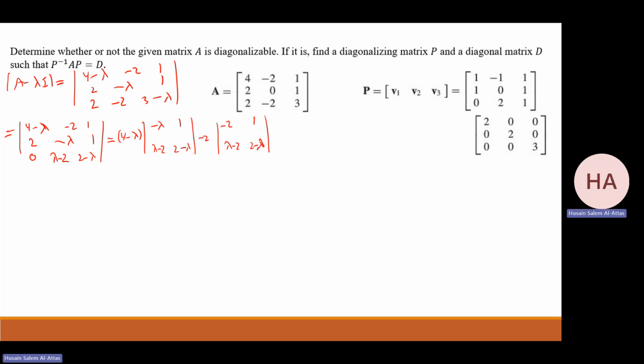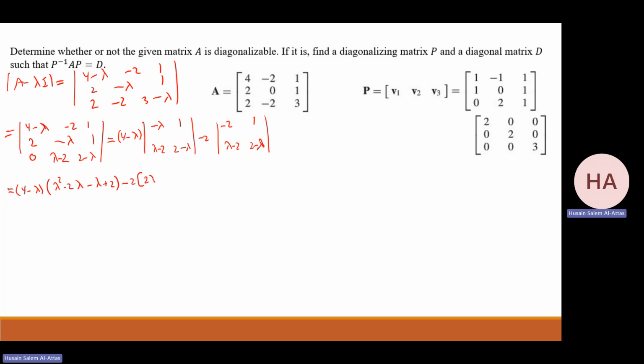I cancel the second row and the first column. So it's a matter of calculation. I have 4 minus lambda times the square, minus 2 lambda plus lambda minus 2 minus lambda, plus 2 minus lambda plus 2, because it's minus the rest, okay? I have minus 2 times what here?